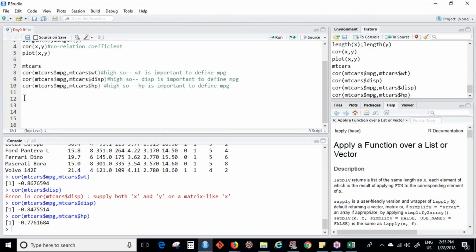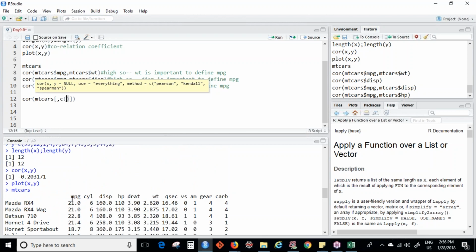So now let us see all together. To see all together, I will write correlation of mtcars, and then using indexing, I will select only those columns between which I want the correlation. I want the first column, so I will write 1 here. I want displacement, which is number 3, so I will write 3.